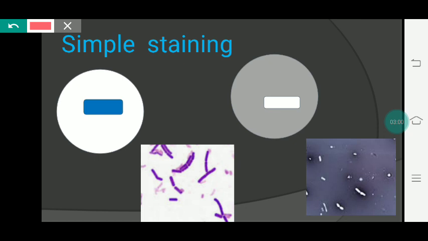As you all know, the bacterial cell wall contains the carboxyl group. So what is the group on the bacterial cell surface? Carboxyl, COOH. So the bacterial cell wall has carboxyl groups on its surface.